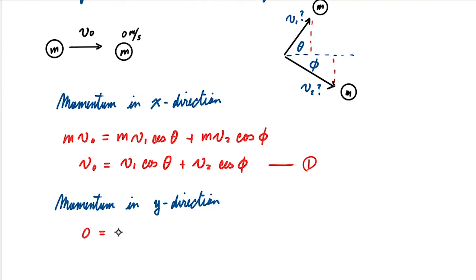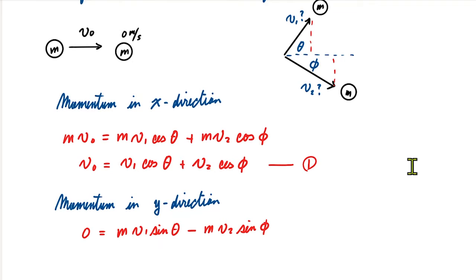And on the other side, we have m v1 sine theta, and then you have to put the other one as a negative, because it is directed downward, the opposite direction.